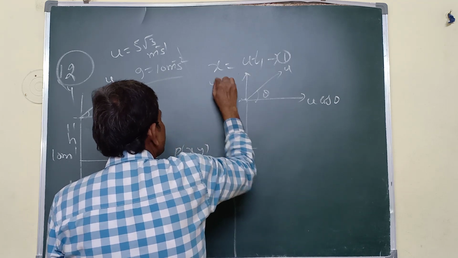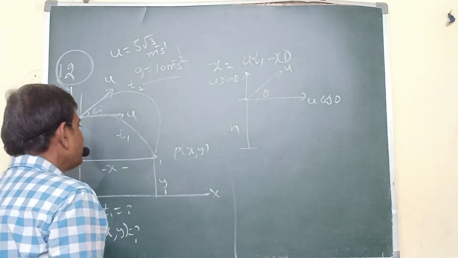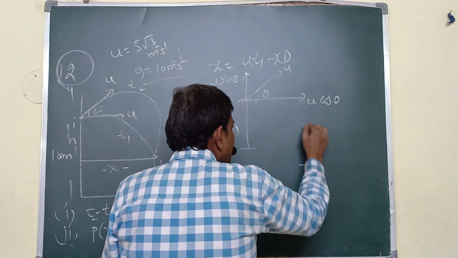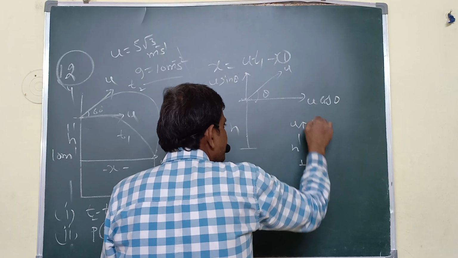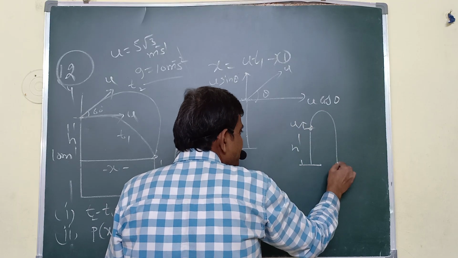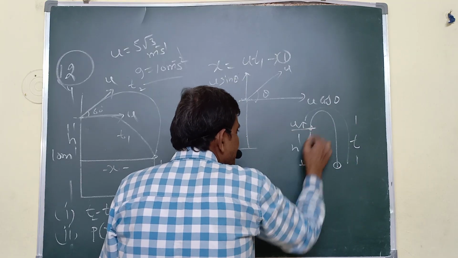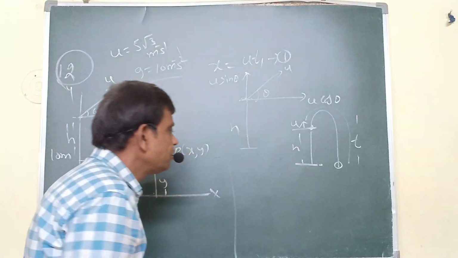And what about this? u sin theta. For example, one ball projected from the top of the tower. This H I am taking. One ball projected with u initial velocity from the top of the tower and reaching here. This total time is T.